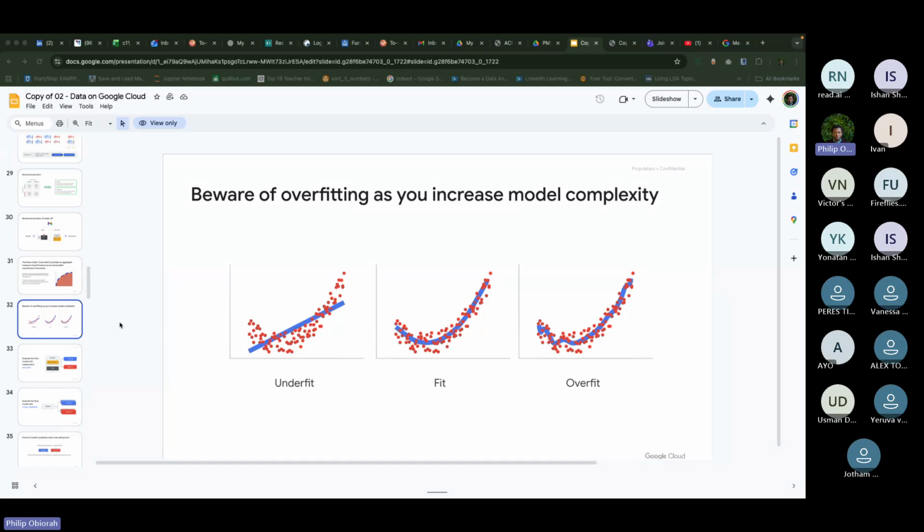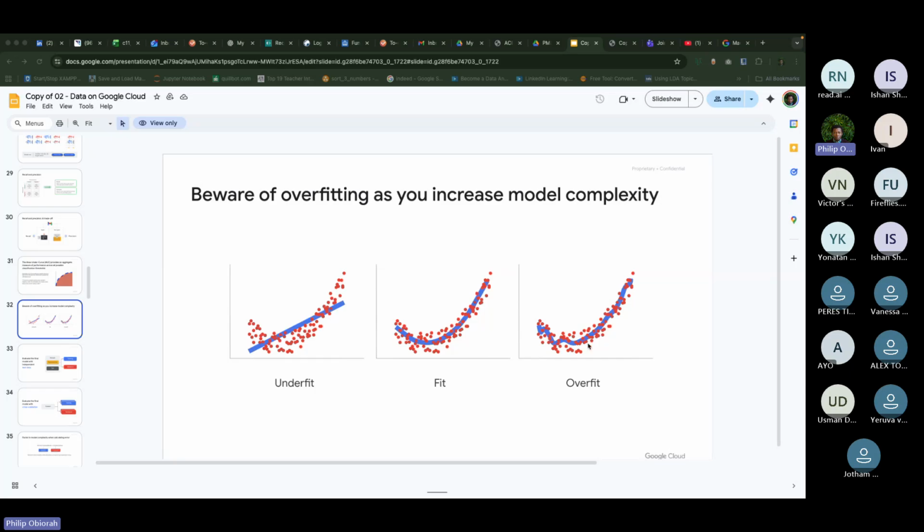You're going to be seeing questions like this: when there is high bias, what does it tell you? It tells that it's underfitting, right? Or when the model performs very well on training data but fails to generalize to new data, then you should know that we are looking at overfitting.